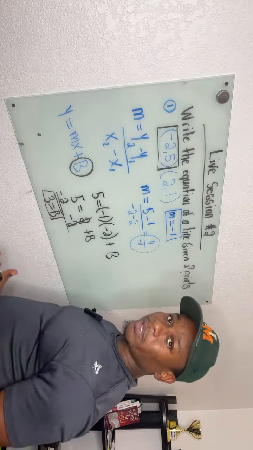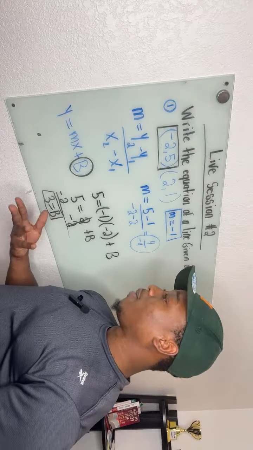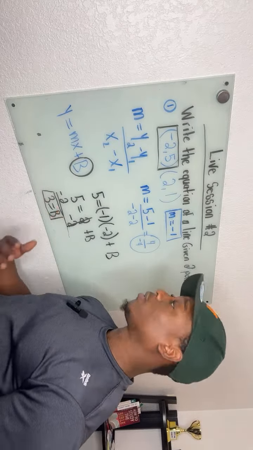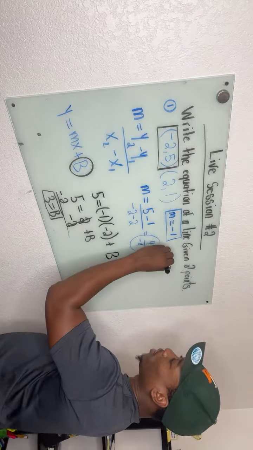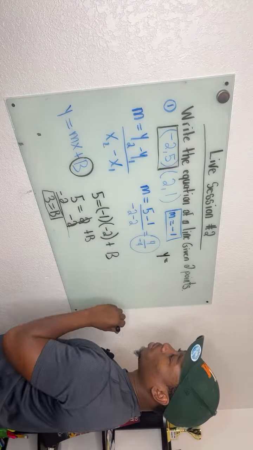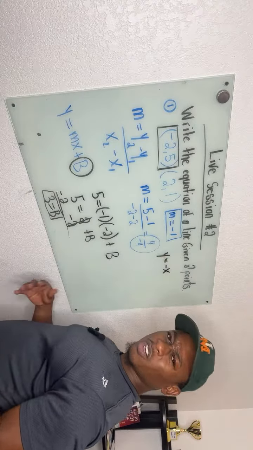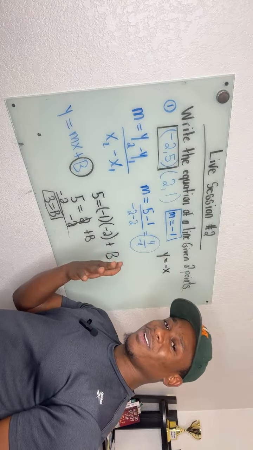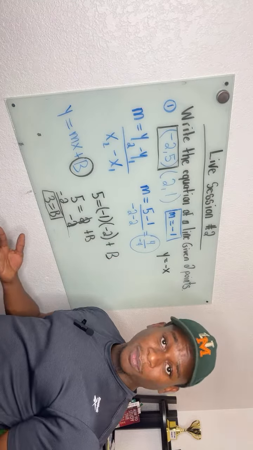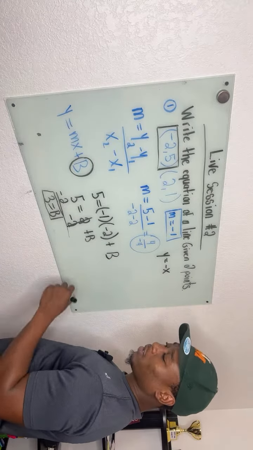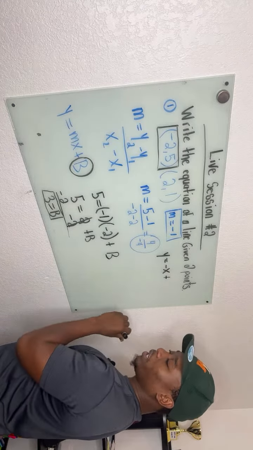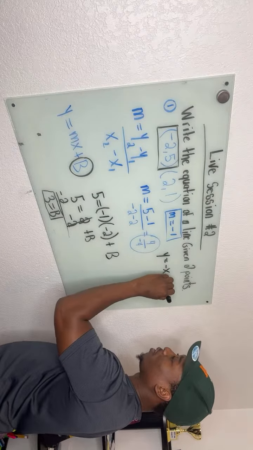Well, let me tell you exactly what that means. That means we now have our answer, and the answer is y is equal to -x, because when it's -1, we don't have to put -1 in front of the x. It's the same thing. So we have -x plus b, which is just 3.